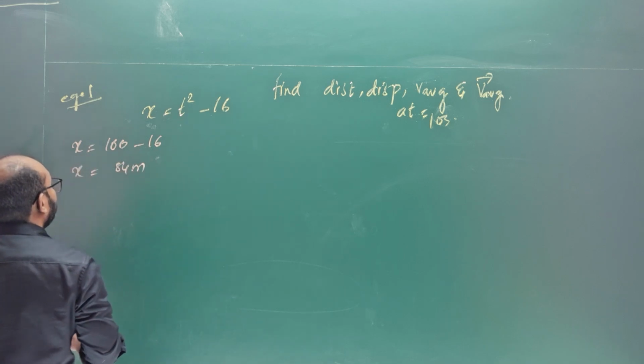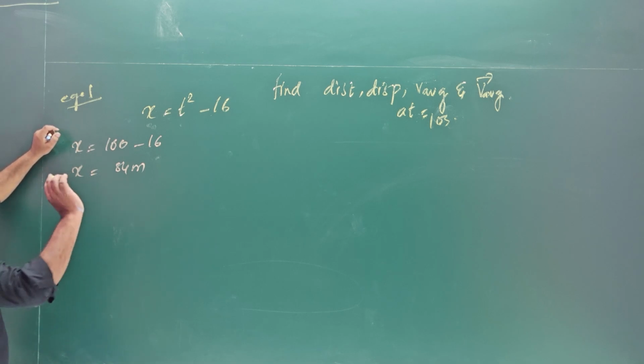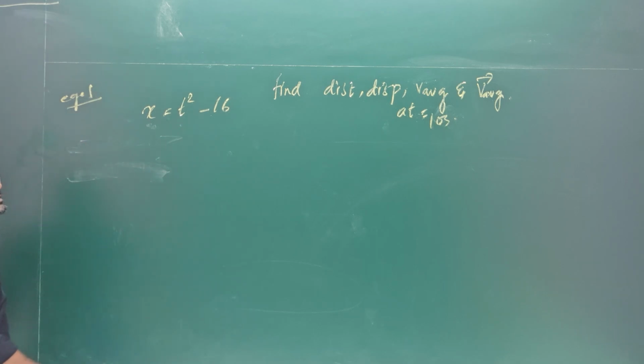Now, x is given as t square minus 16. Maybe this is displacement, maybe this one is distance. Let us try to understand that first. By substituting t equals 10 seconds, we got the answer 84.